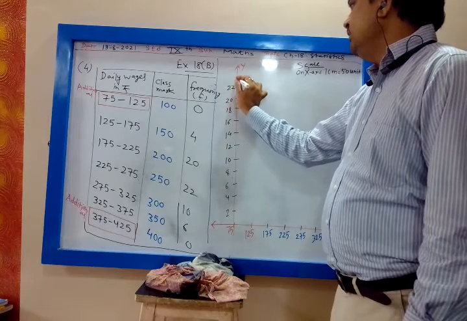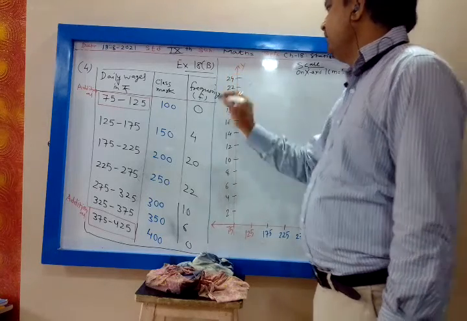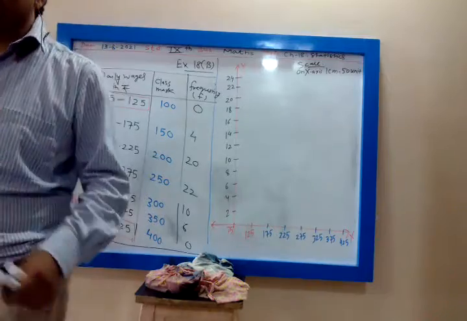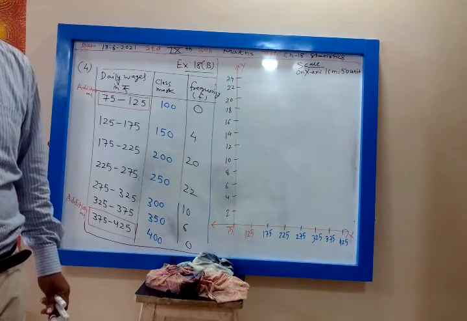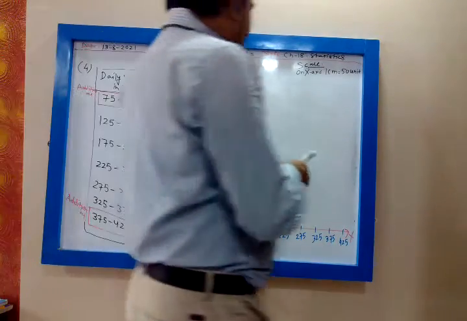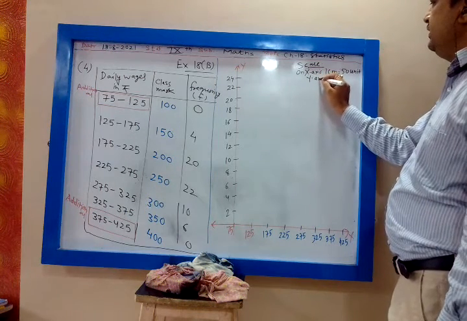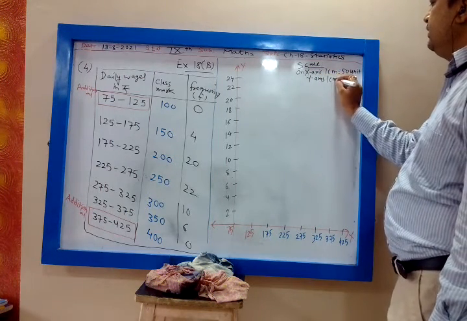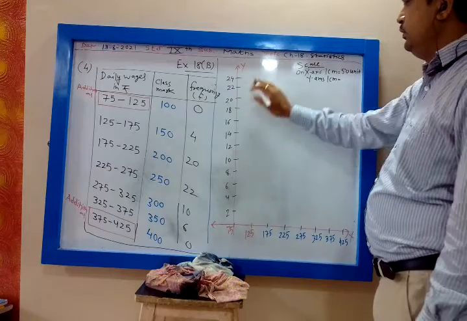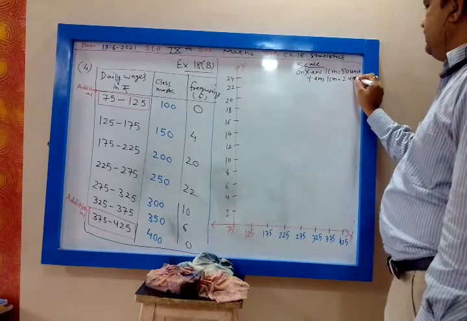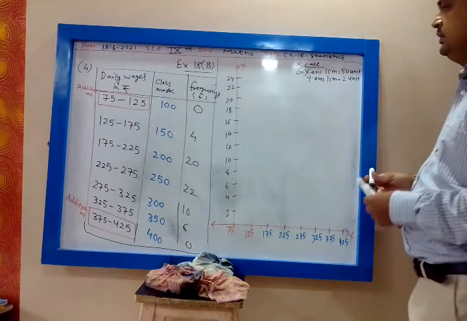You can write one more, 24, no problem. So you have to write down the scale on the y-axis. On the y-axis, 1 centimeter is equal to 2 units.